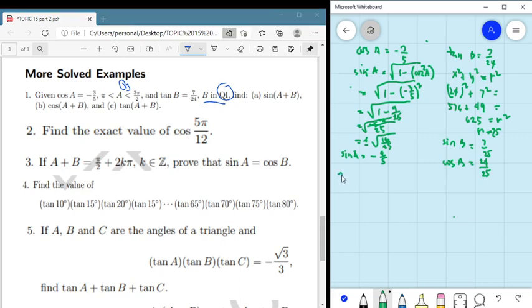Okay, for A, we are to solve sine A plus B, right?